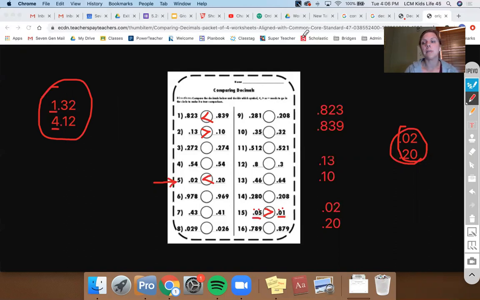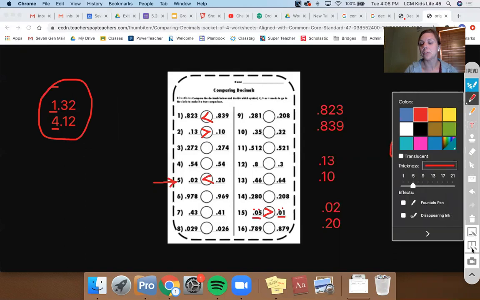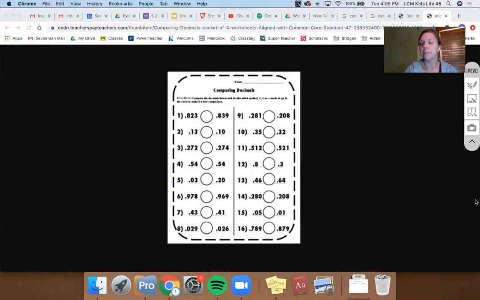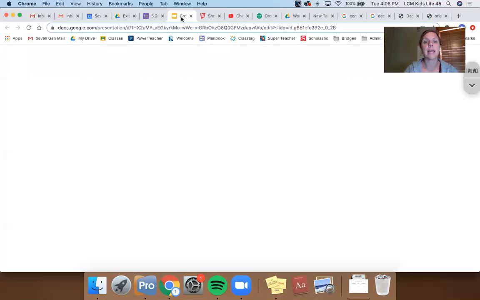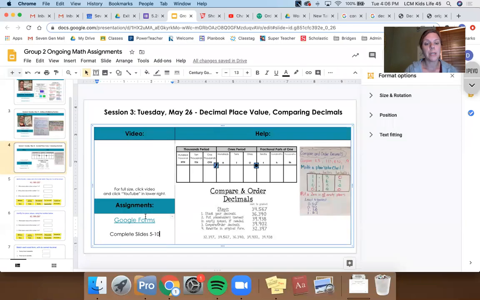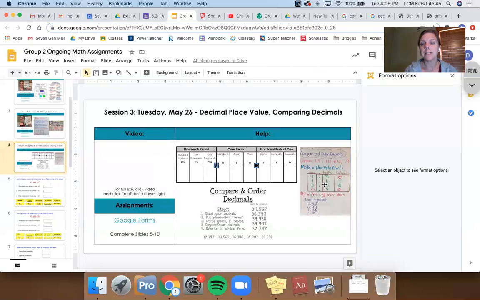Okay, so in your assignment today, you are going to be looking at some different numbers. I have this anchor chart here first. It says make a place value chart: ones, tenths, and hundredths. You don't have to write out a chart, although you can if it helps you.